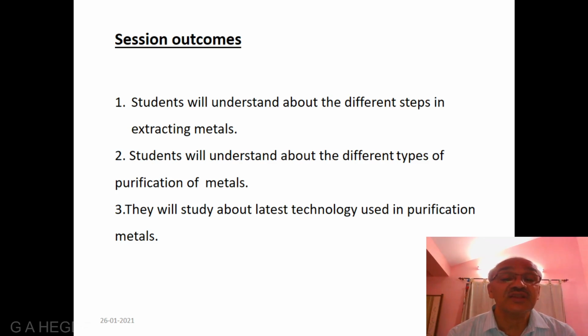After studying this, you will understand about the different steps in extracting metals. You will also understand about the different types of purification of metals and also the latest technology used in purification of metals.